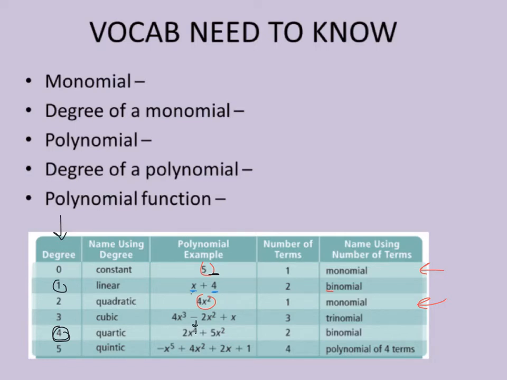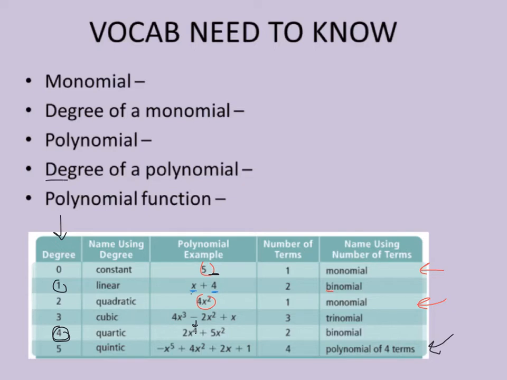So I'm going to talk about polynomials. Polynomial is just basically a word we use for any type of function that has many terms. So in this case, this is a polynomial of 4 terms. Whenever you see anything that has adding, subtracting, you can always consider it a polynomial.